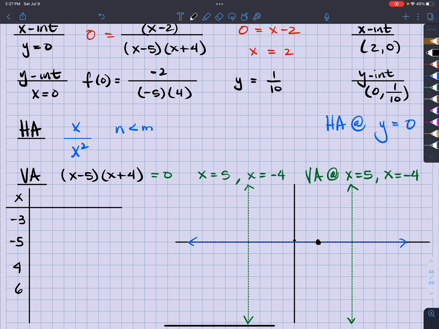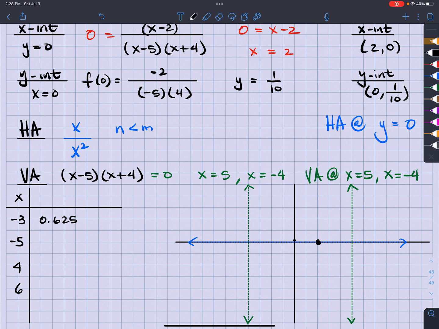So I have -3 minus 2 divided by -3 minus 5 times -3 plus 4. And I get 0.625.